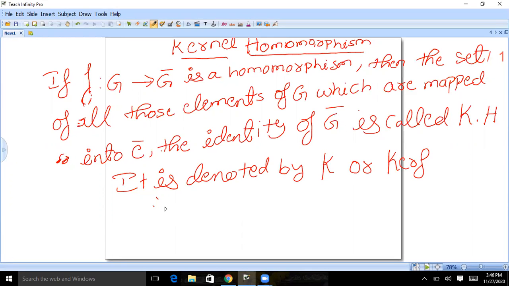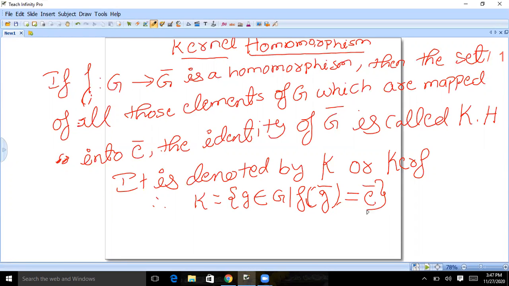It must satisfy the condition K = {g belongs to G such that f(g) = e bar}.